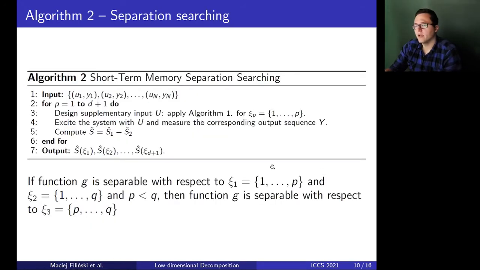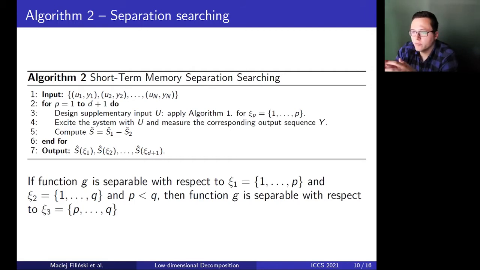Okay, here we have the second algorithm. Here we are searching for the separation scheme, and this algorithm has one input, the input-output measurement from the system, and the output of this algorithm is the separability factor for Xi1 to Xi d+1.